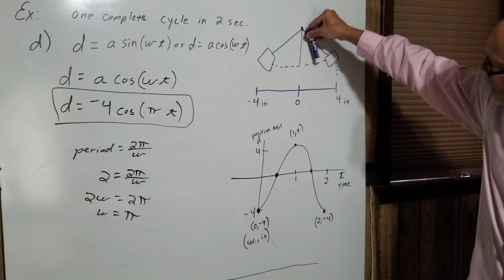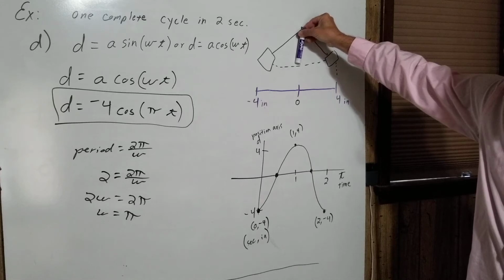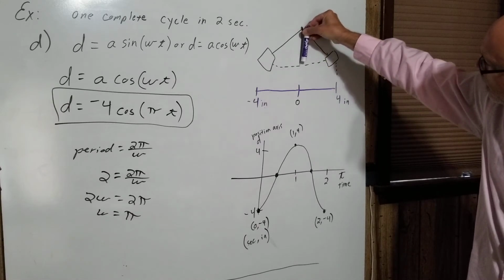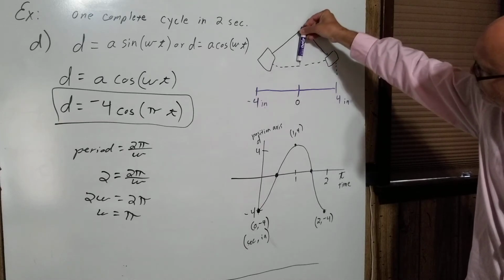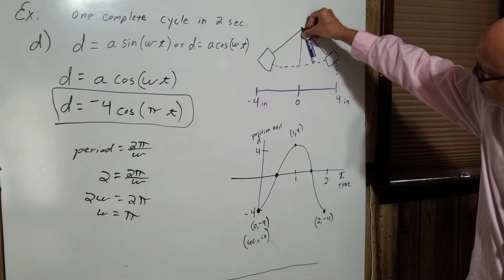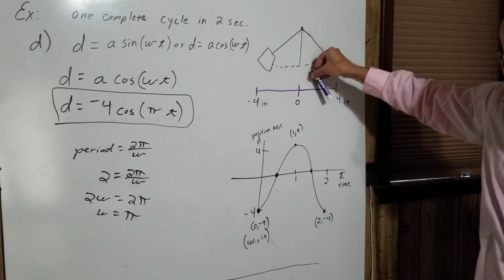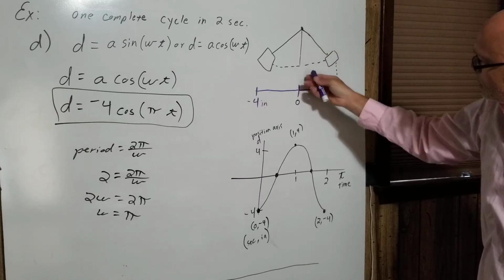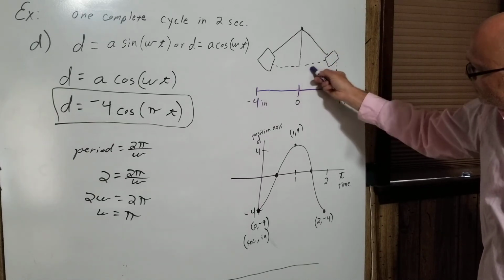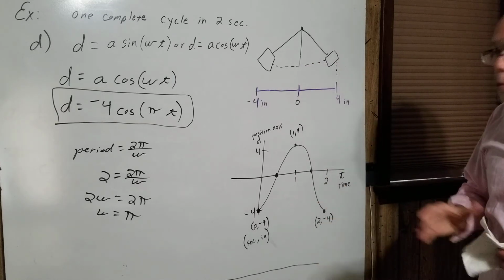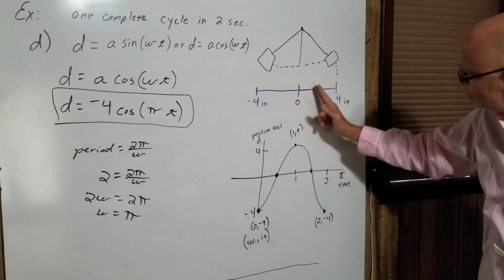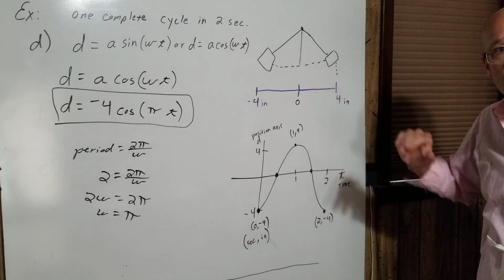Y'all told me at 1.5 seconds it's right here, right? So 1.25 seconds, wouldn't that be between where it's at 1 second and where it's at 1.5 seconds? So it'll be somewhere like right here. So the position's going to be to the right of the equilibrium point here. But where exactly is it going to be? How many inches over to the right is it going to be?